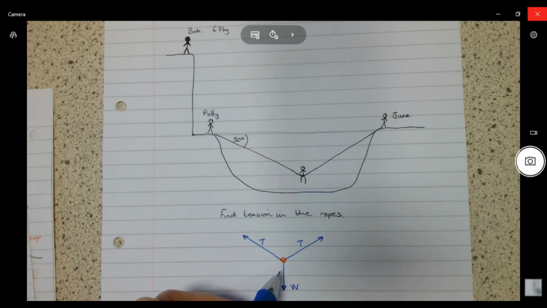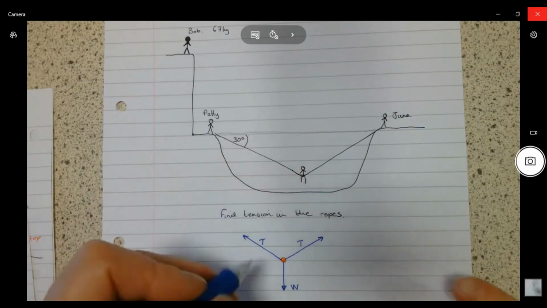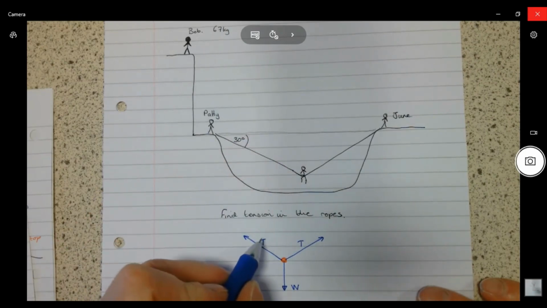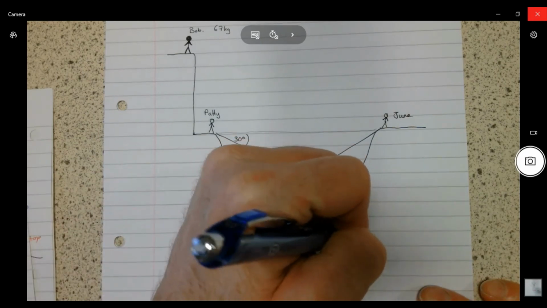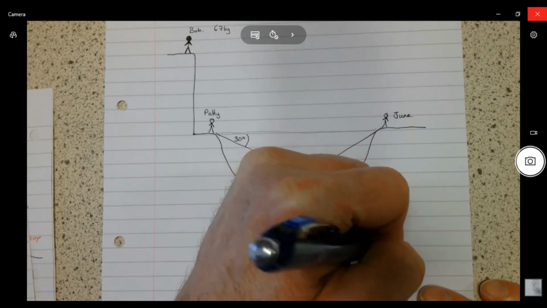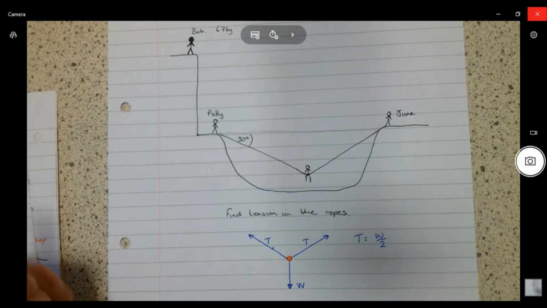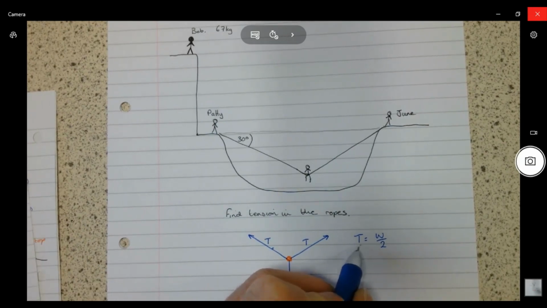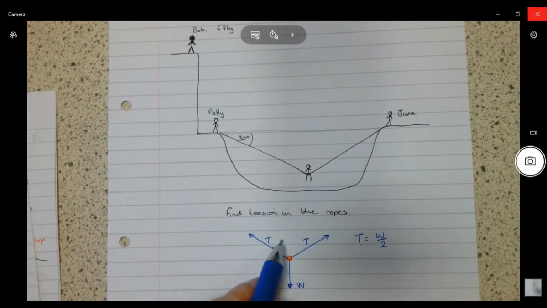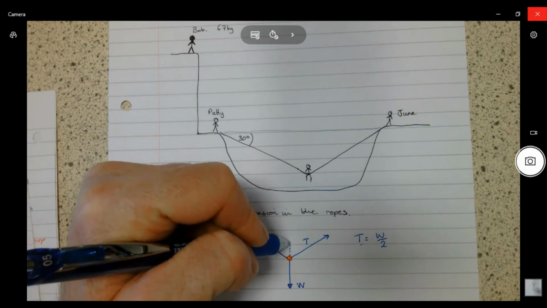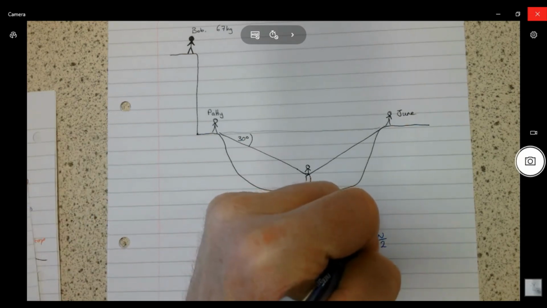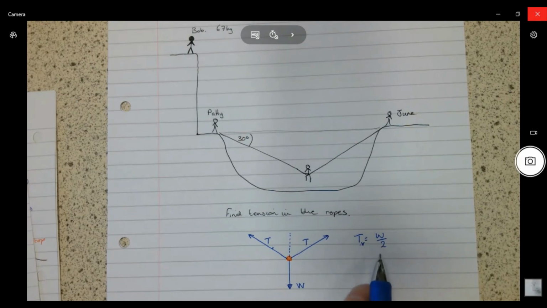So, what else do we know? Can we see anything else? Yep. The combined tension must be equal to the weight. So, what's the tension in one of the ropes? So, tension will equal weight over 2. But it's not that simple, because you're only going to have the vertical component of tension, which will equal the weight.